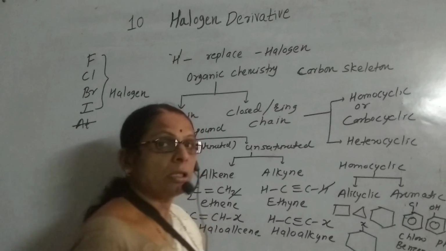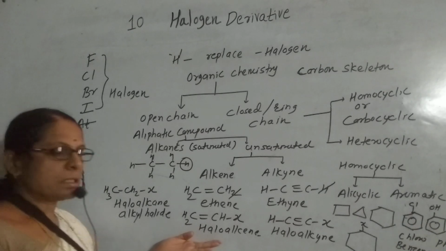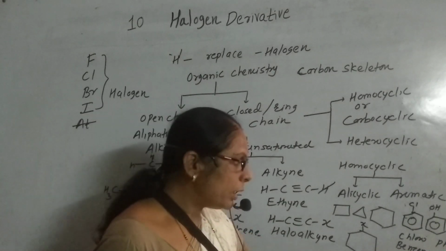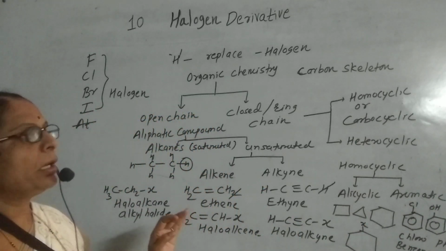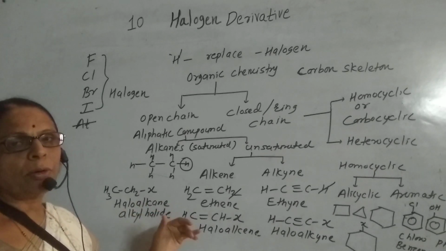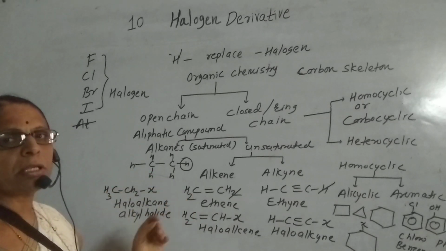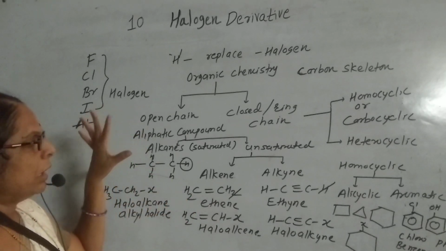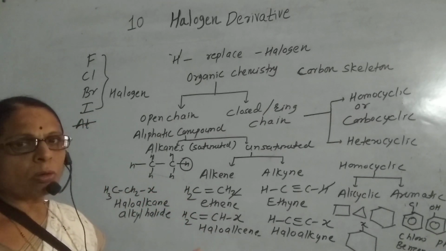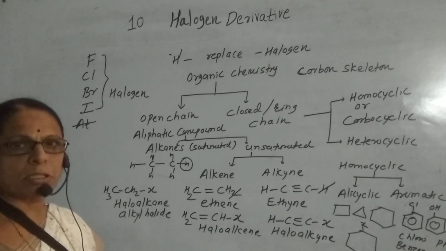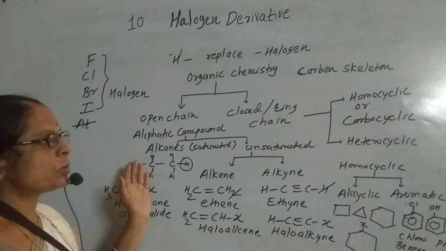In this chapter we are discussing haloalkanes, haloalkenes, haloalkynes and aryl halides as classes of compounds obtained by replacing one or more hydrogens by one or more halogens. If you replace more than one hydrogen, that is also considered a halogen derivative. The compounds obtained by replacing one or more hydrogens by the corresponding number of halogens are called halogen derivatives.